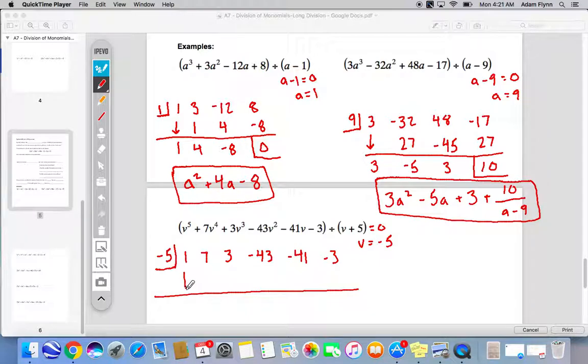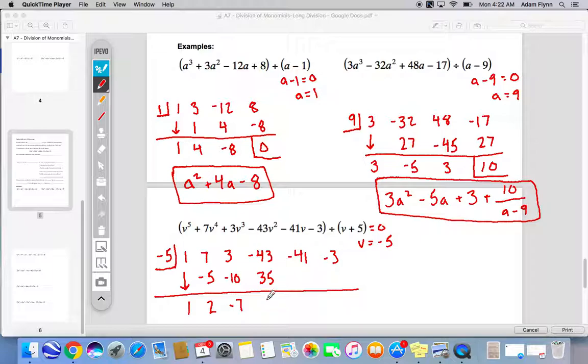So I'll drop the 1. Negative 5 times 1 is negative 5. 7 minus 5 is 2. Negative 5 times 2 is negative 10. 3 minus 10 is negative 7. Negative 5 times negative 7 is positive 35.